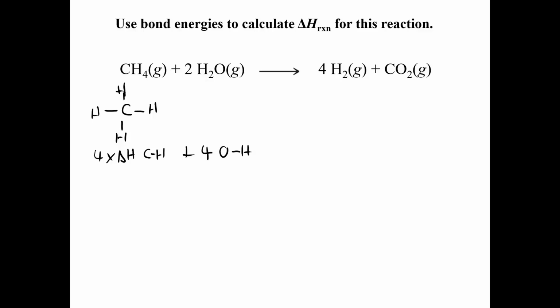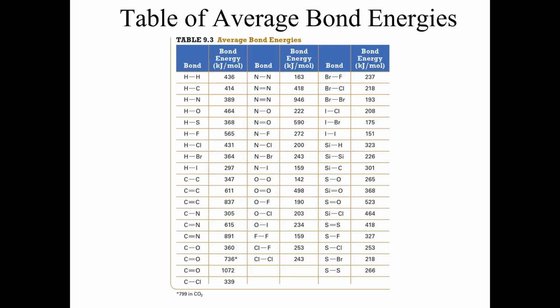So we have 4 OH bonds that we are breaking. So we looked that up in our table here, and each hydrogen-oxygen bond requires 464 kilojoules to break, and each of the carbon-hydrogen bonds requires 414 kilojoules.